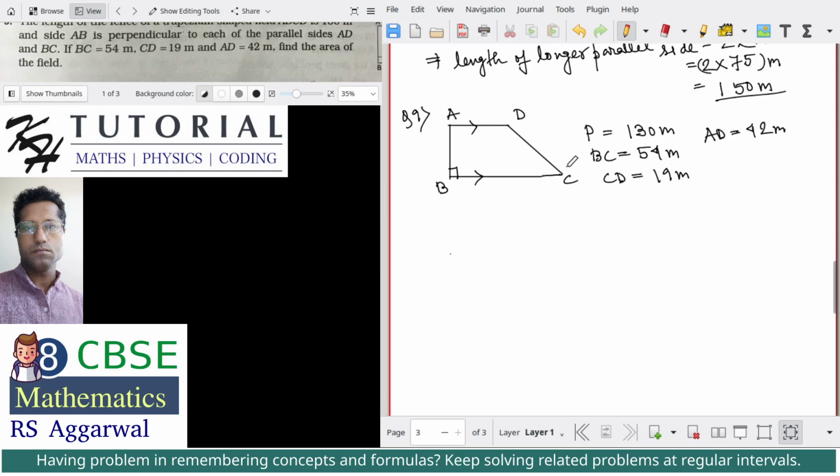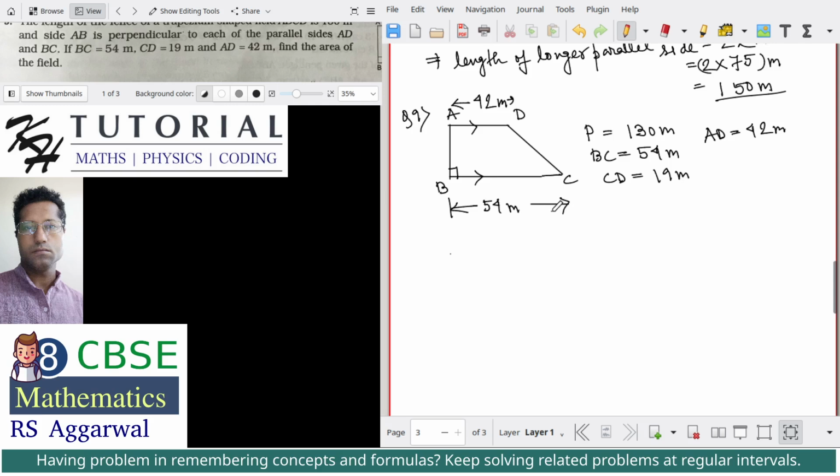Okay. So AD is 42 meter, BC is 54 meter. So the smaller parallel side has length 42 meter, and the larger parallel side is 54 meter.